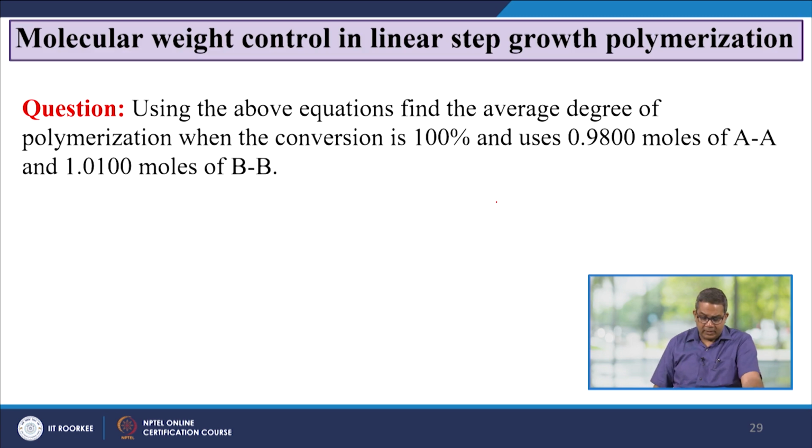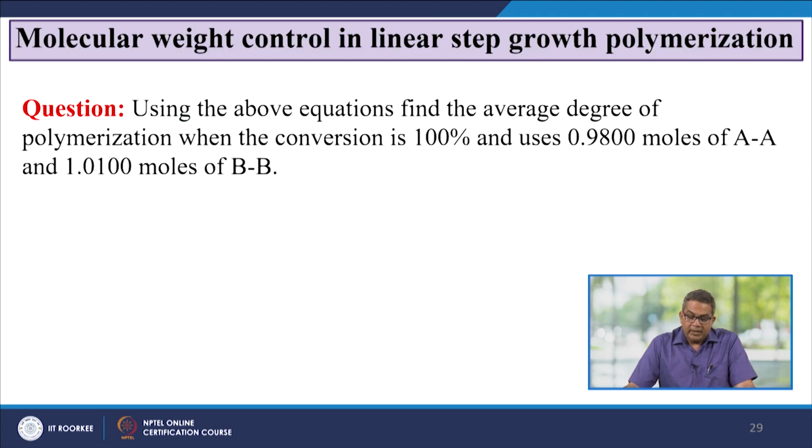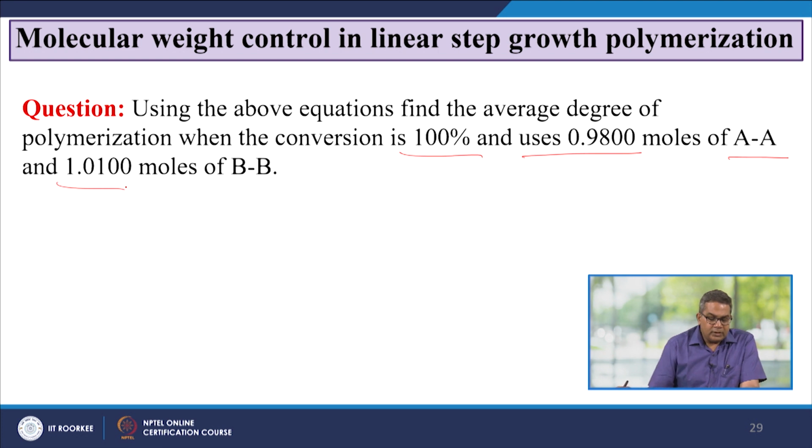Let us take an example. Now using this previous equation, find the average degree of polymerization when the conversion is 100% and uses 0.98 moles of AA and 1.010 moles of BB. It's quite simple. We derived this formula, R is equal to Na over Nb.